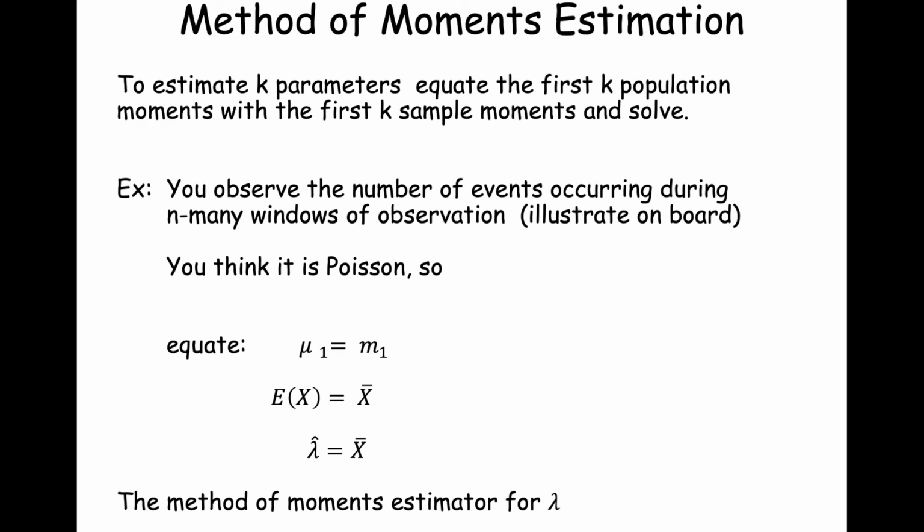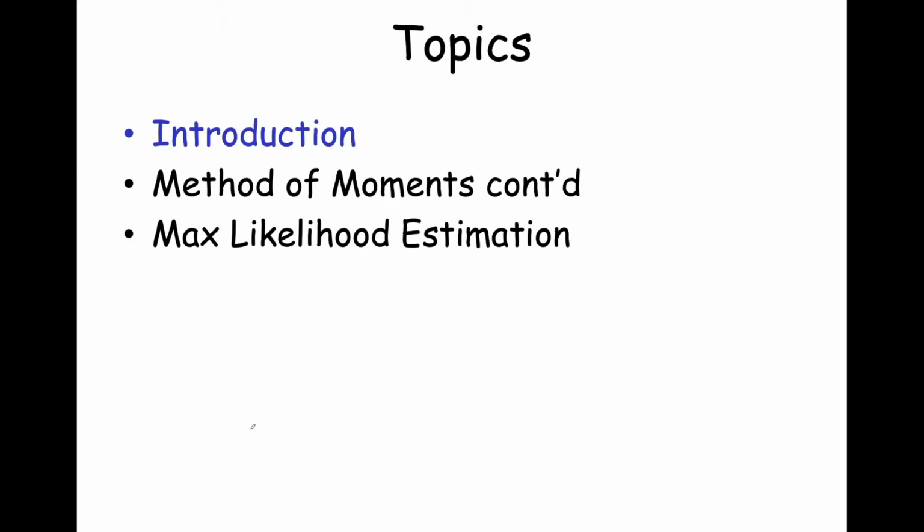You set up that equation and then solve for the unknown parameter lambda, which is the result of our expectation of x, which is the first population moment. And we write lambda-hat because that expression is going to be our estimator, that reasonable replacement for the unknown population parameter lambda. So why don't we continue with some examples?